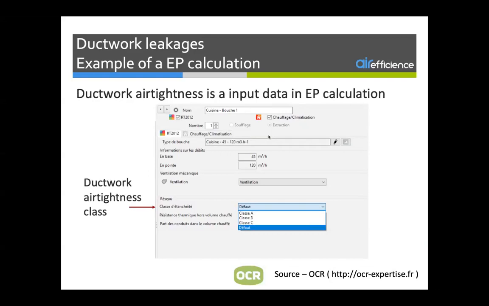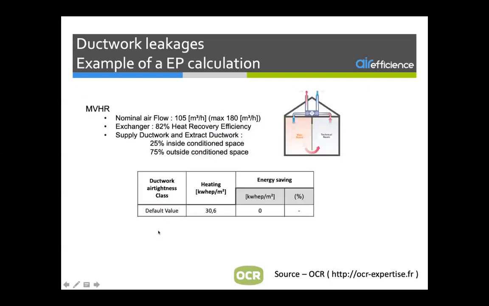He can select default value, class A, class B, or class C. Here is an example, it's mechanical ventilation with heat recovery, nominal airflow 105 cubic meter per hour, with an exchanger of 82% for heat recovery efficiency, and supply ductwork and extract ductwork.